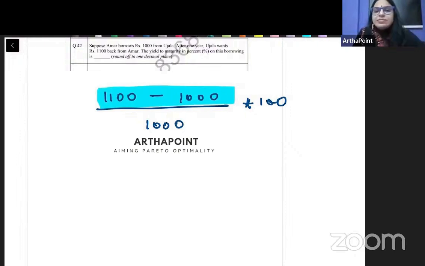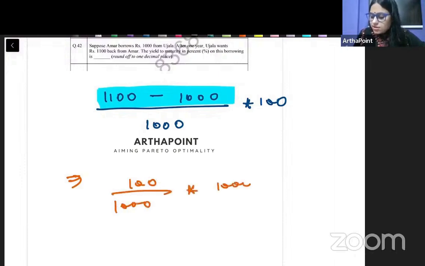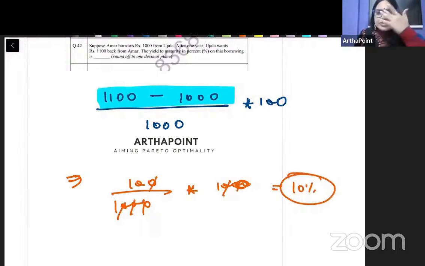So 1100 minus 1000, 100 is the return, divided by 1000 into 100%. So this will be 100 by 1000 into 100. That means 10%. So the answer will be 10%.